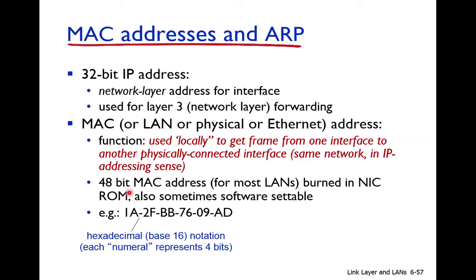So it is a hardware burn and it cannot be changed. The IP address is in software, so you can change it. But the MAC address you cannot change, although sometimes it is also software settable.